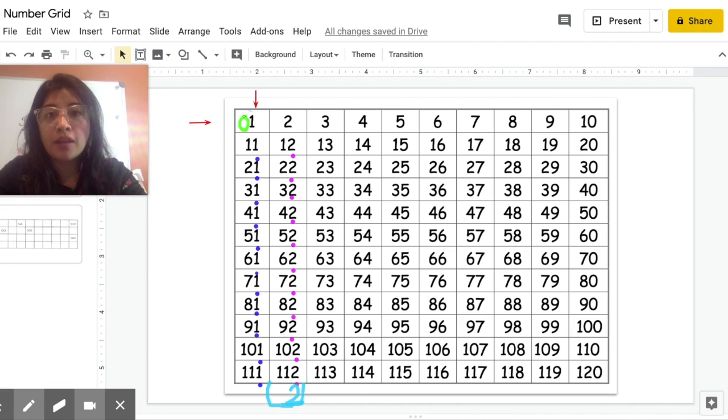Here I had 0 tens. Now I have 1 ten, 2 tens, 3 tens, 4 tens, 5 tens, 6 tens, 7 tens, 8 tens, 9 tens, 10 tens, 11 tens. So what would be down here? You think you guys can figure it out? All right, well, let's see. Let's think.